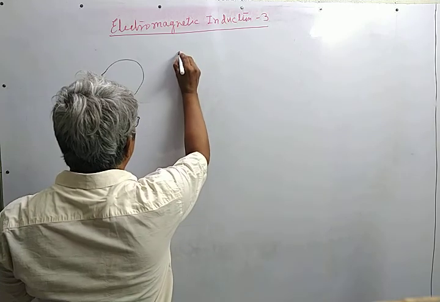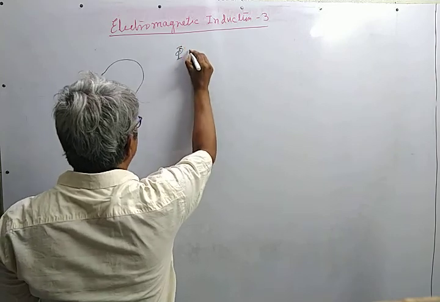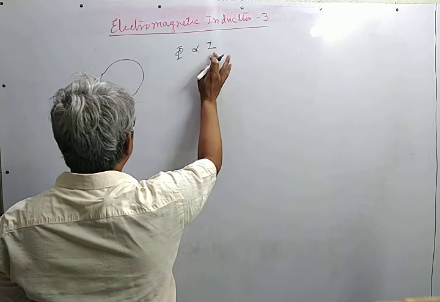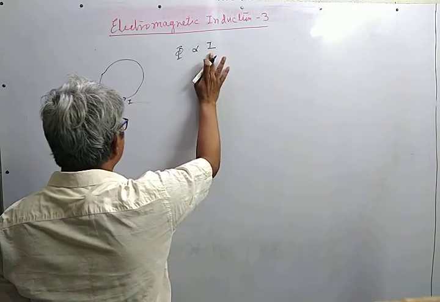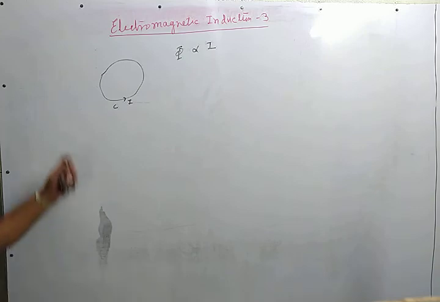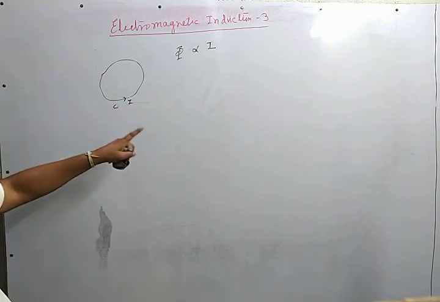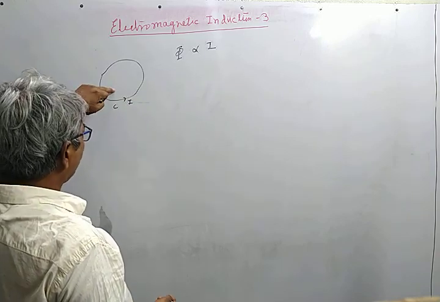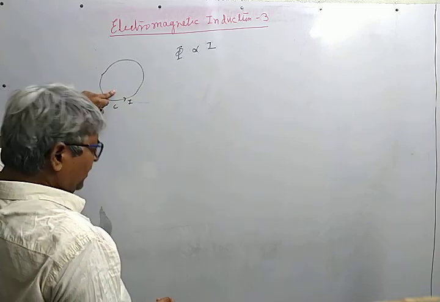So we call the flux linked with the circuit proportional to the current I, because the magnetic field that is produced is proportional to I. If we do not consider any ferromagnetic material present, B is proportional to I, the current flowing through the loop.